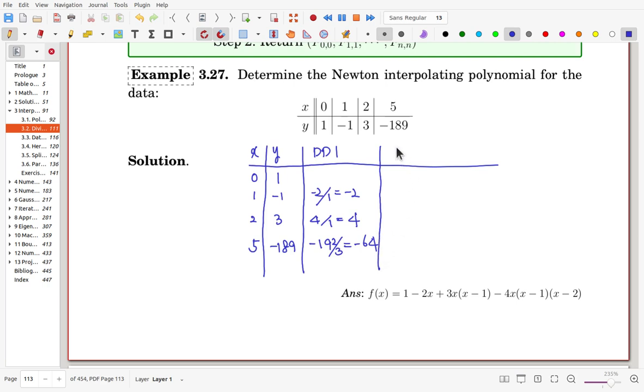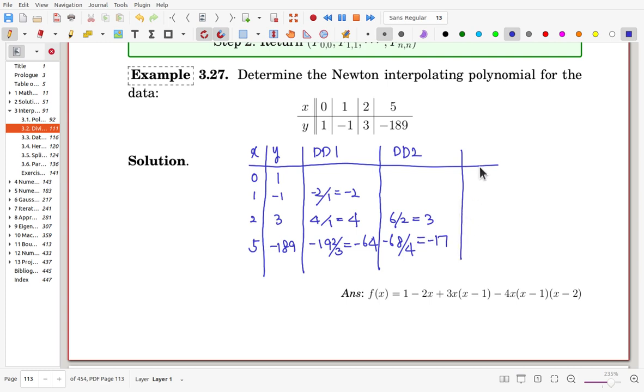Now the second divided differences. This difference is 6, divided by the jump 2 minus 0, which is 2, so that is 3. Now this difference is minus 68 divided by 4, so that is minus 17.